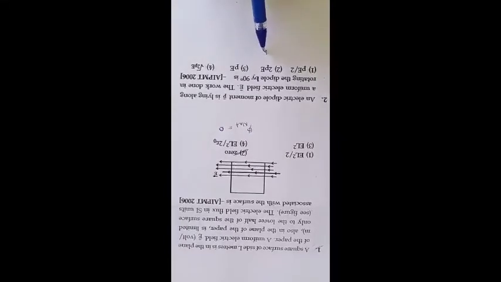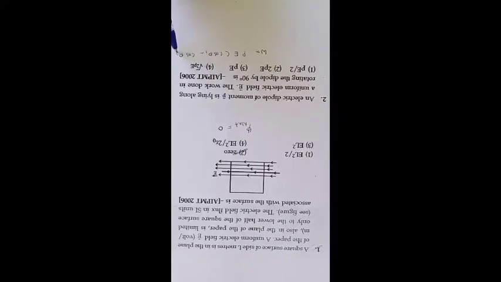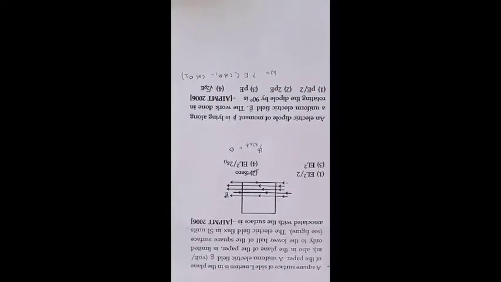Electric dipole of moment P is lying along the uniform electric field E. Work done to rotate the dipole by 90 degrees is how much? Work done to rotate the dipole from an angle theta 1 to theta 2 is W is equal to PE into cos theta 1 minus cos theta 2.